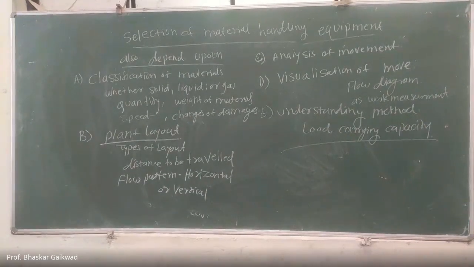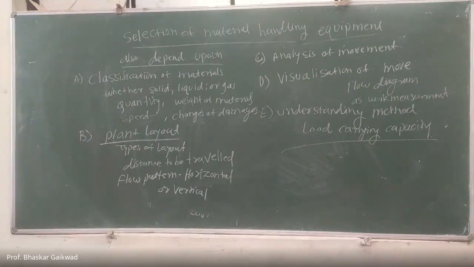For example, if you set any conveyor, different types of conveyors are there in industry. So how much is the capacity of this? The total capacity depends upon the breaking load of the conveyor, and the breaking load totally depends upon the design of the conveyor.